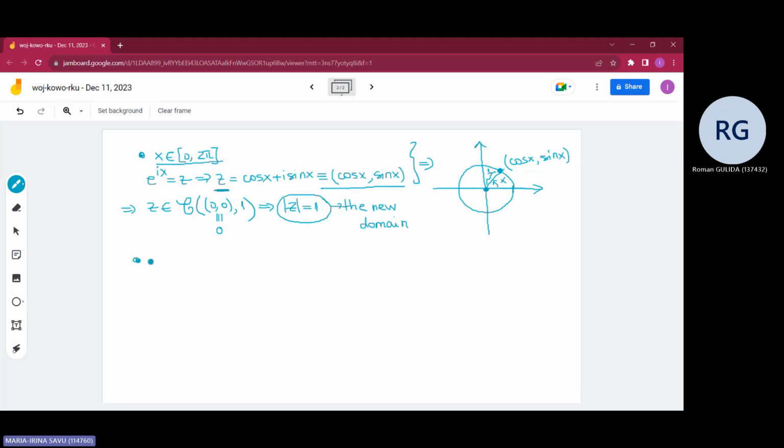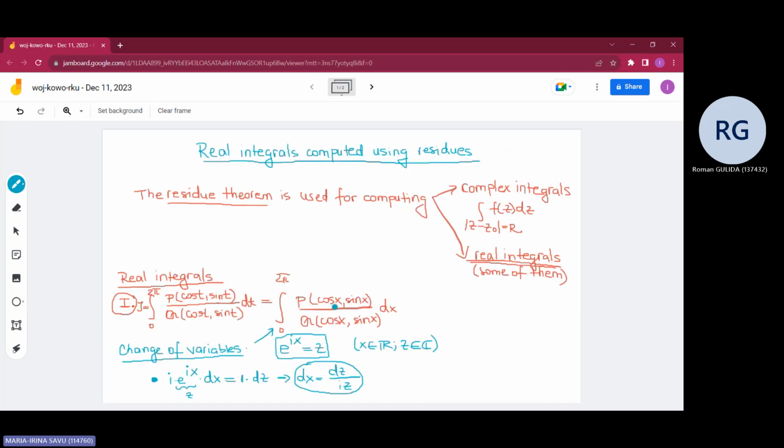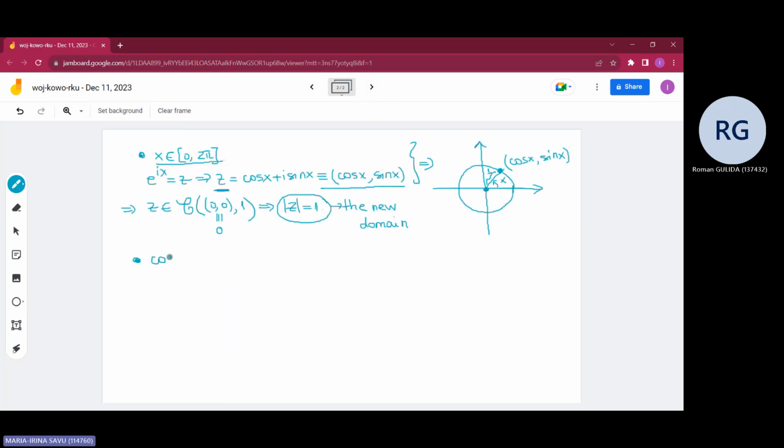And now you must see how you replace cosine of x and sine of x. Cosine of x is e at ix plus e at minus ix over 2, where e at ix is z, so this is z plus z at minus 1, which is 1 over z, over 2. And then you get that this is z squared plus 1 over 2z.